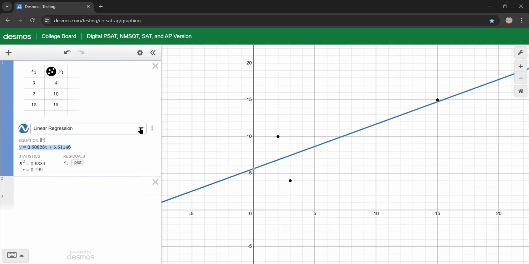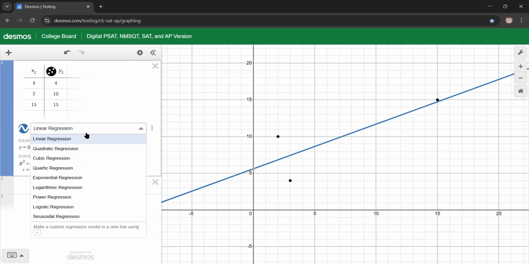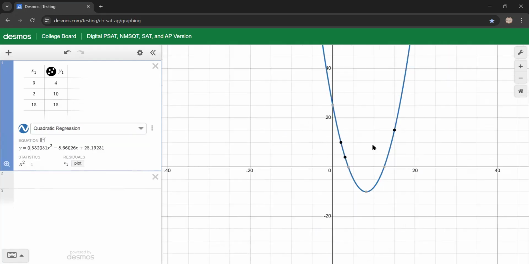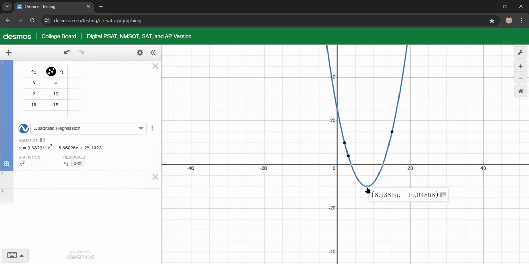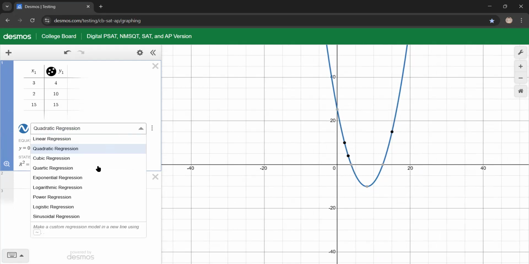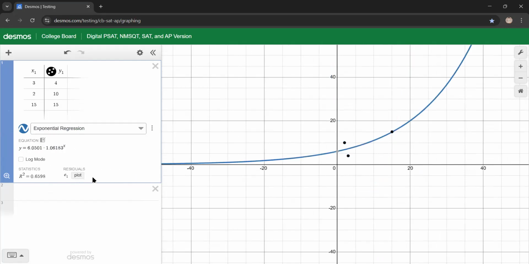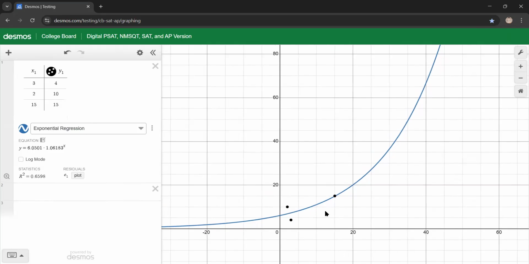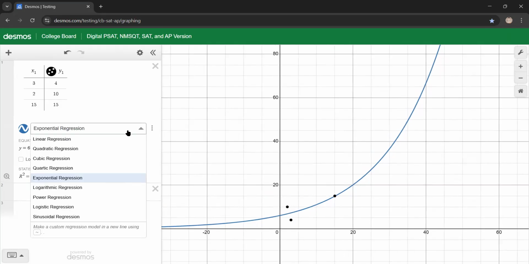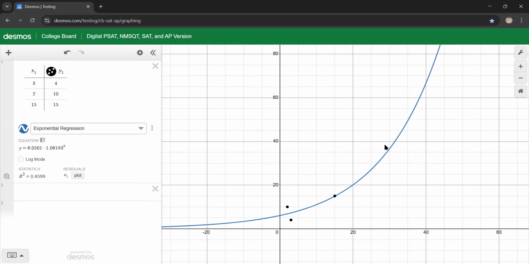In the SAT exam, from the regressions, you will be using linear regression and quadratic regression. Quadratic regression will approximate your 3 points to a parabola. And exponential regression also you might be using. Exponential regression you will not use that much, but linear and quadratic you would use. Most of the time you would be doing linear regression only. So this is an exponential curve.